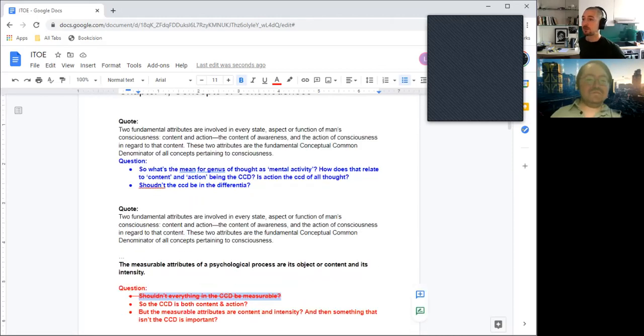And okay, if something has fundamental attributes, then that is always going to be the CCDs. I mean, the way fundamental is used, I wish she defined it, because she uses fundamental and distinguishing in synonymous ways, and that can be confusing.